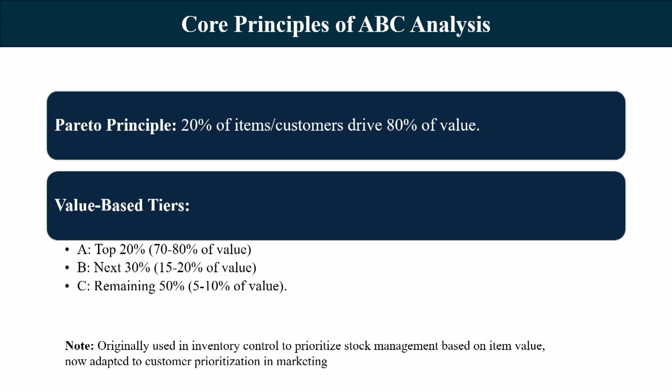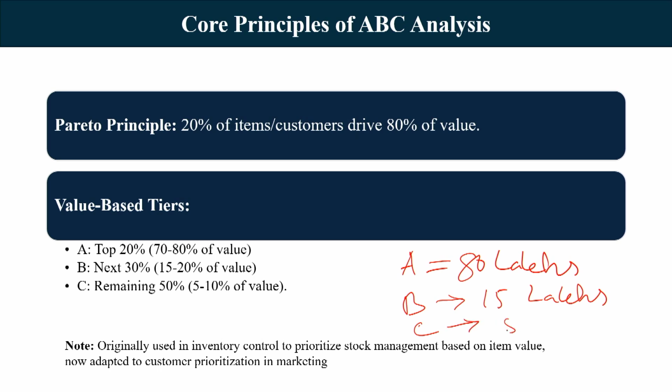A customers are bringing 80 lakhs of profit, B customers are bringing 15 lakhs of profit, and C customers are bringing 5 lakhs of profit. I will just note it down. Contribution of A customers: 80 lakhs in terms of profit. Contribution of B customers: 15 lakhs. And contribution of C customers: 5 lakhs. So, total 1 crore.